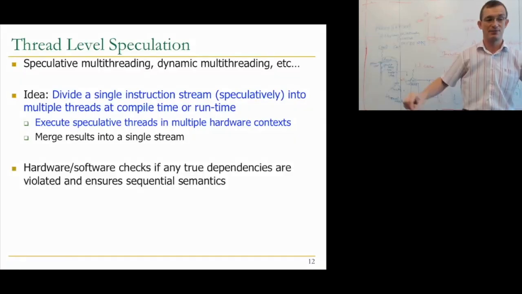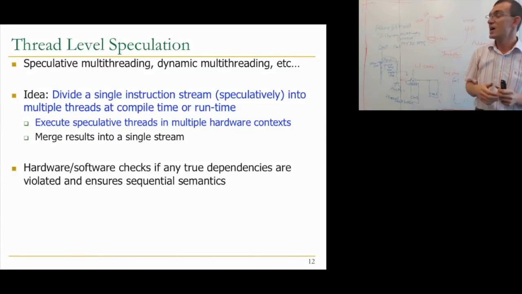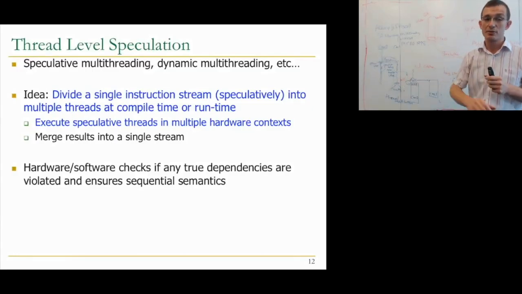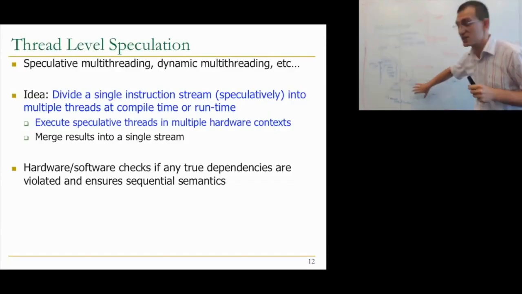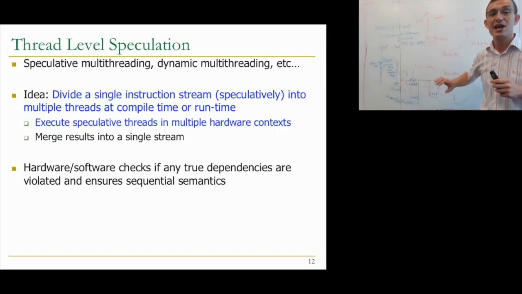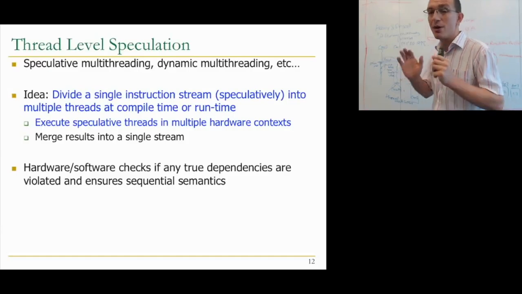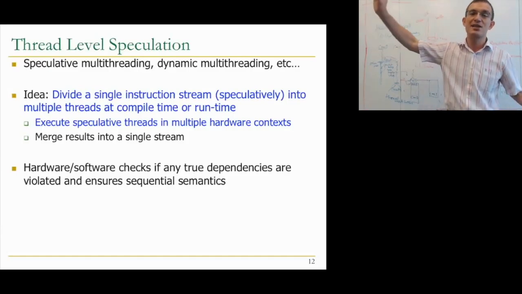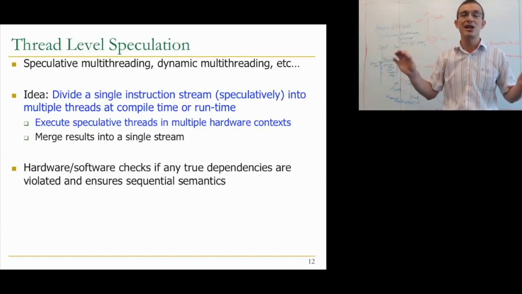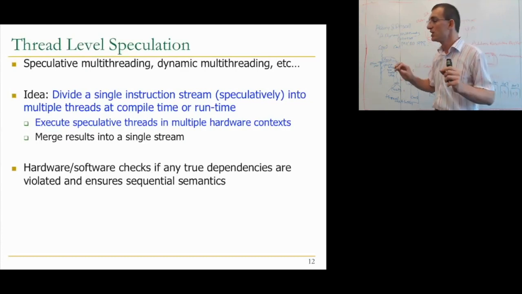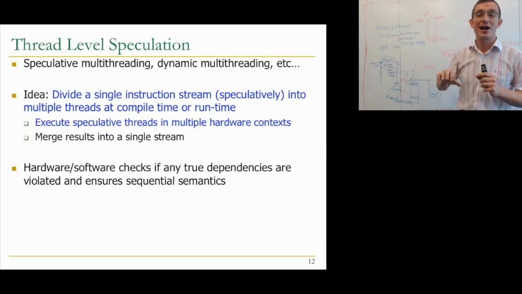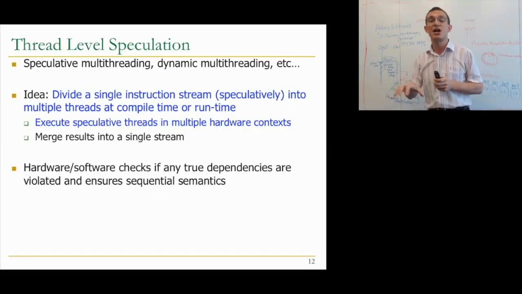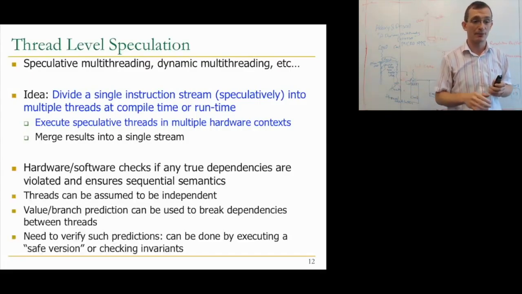That's the key idea. And of course, hardware and software, sometimes cooperatively, need to check if any true dependencies are violated during the speculative execution, and ensure the sequential semantics. Because remember, we have sequential semantics in the single-threaded program, and we need to ensure that. We're only under the hood parallelizing that single-threaded program by utilizing the multiple hardware contexts that are present in hardware.